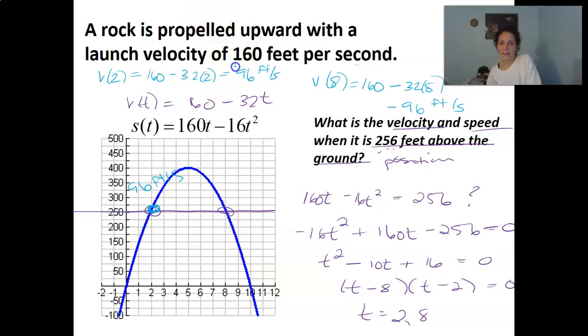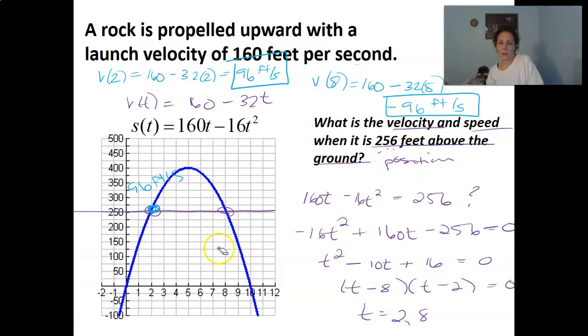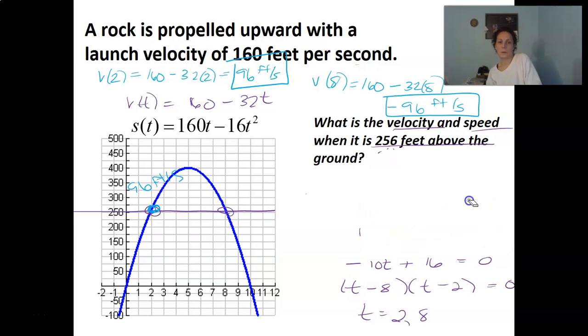So my velocity at 2 is 96. My velocity at 8 is negative 96. The speed in both places is just 96. So let me erase a little bit here.